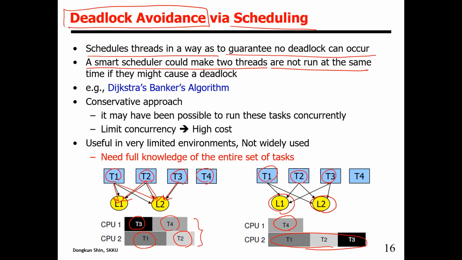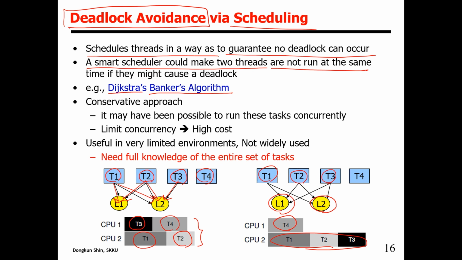Similarly, Dijkstra proposed the Banker's algorithm. This algorithm also allocates a resource only when, even though the resource is allocated, there is no possibility of deadlock. I will explain the details of the Banker's algorithm in this class.